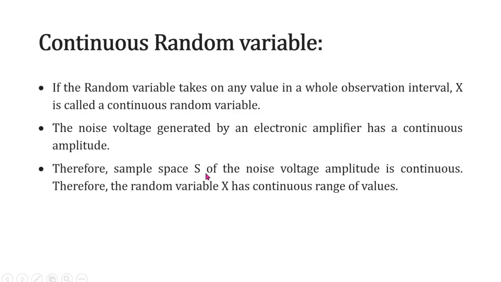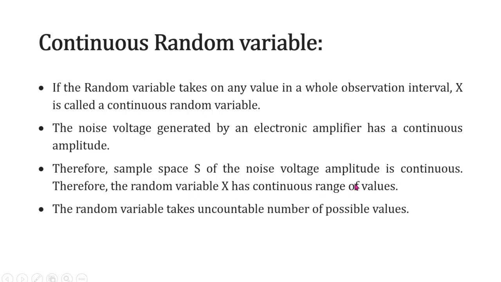Therefore, the sample space S of the noise voltage amplitude is continuous, and the random variable X has a continuous range of values. If a random variable takes an uncountable number of possible values, such random variables are called continuous random variables.